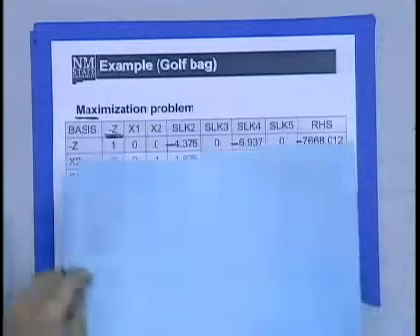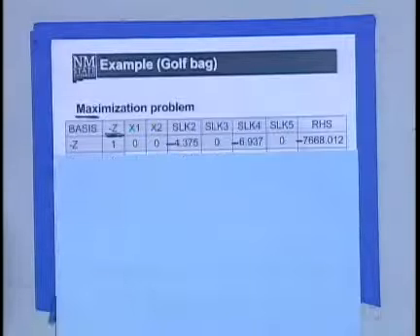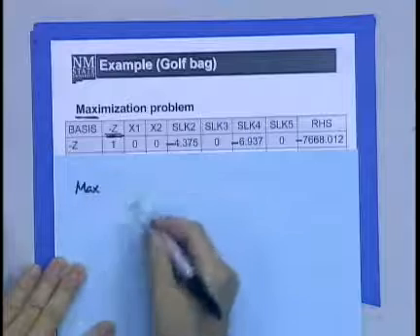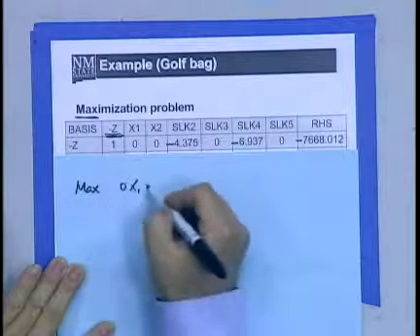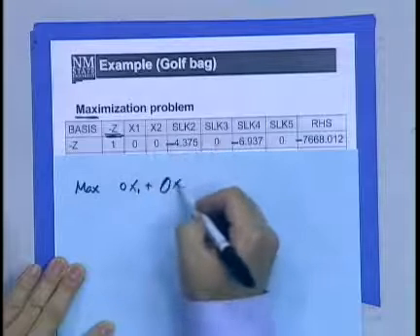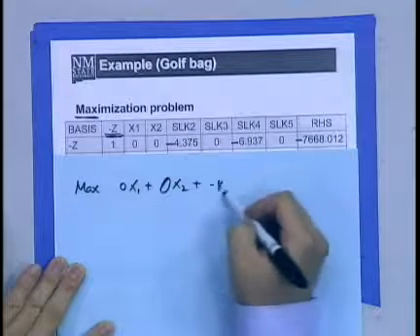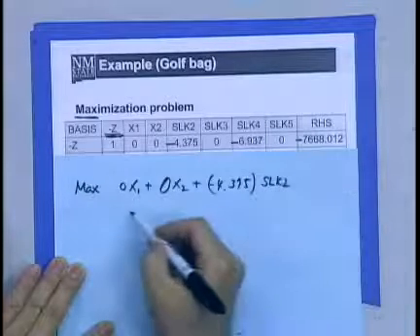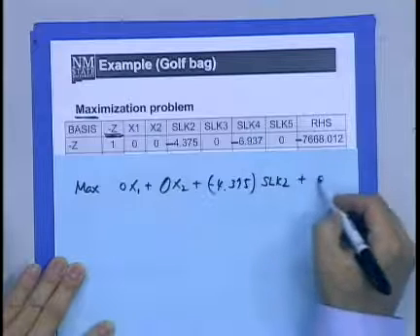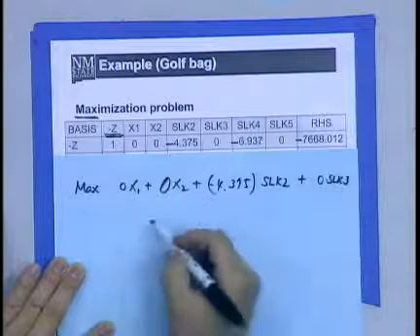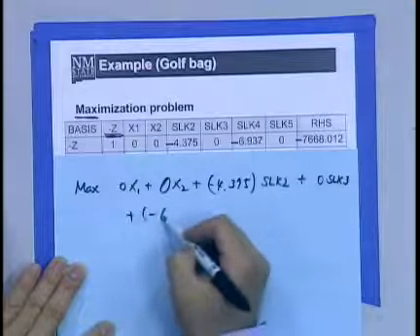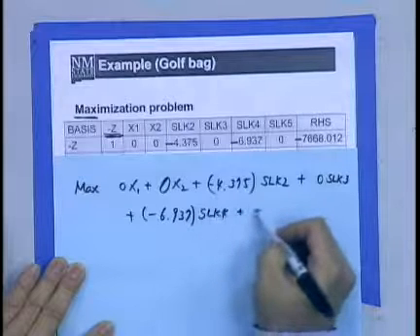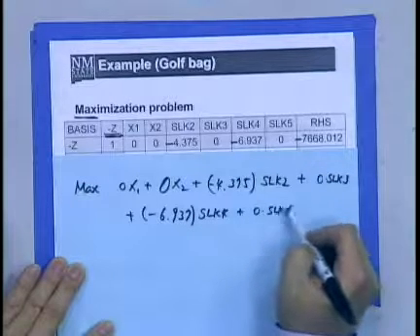So based on our current Tableau, the objective function looks like this. Maximize 0 times x1, 0 times x2, negative 4.375 times slack 2, plus 0 times slack 3, plus negative 6.937 times slack 4, 0 times slack 5.